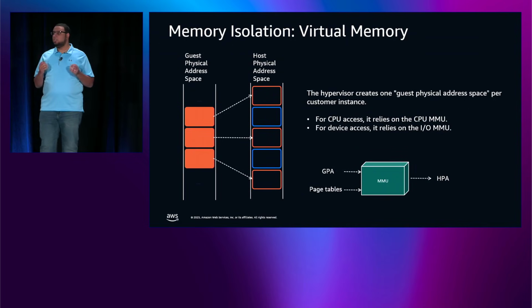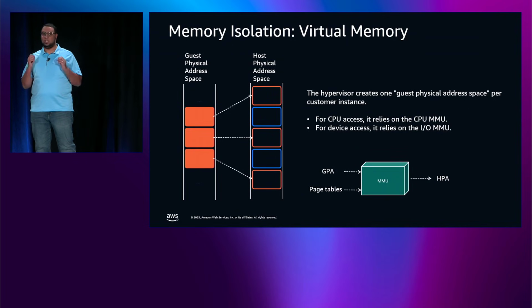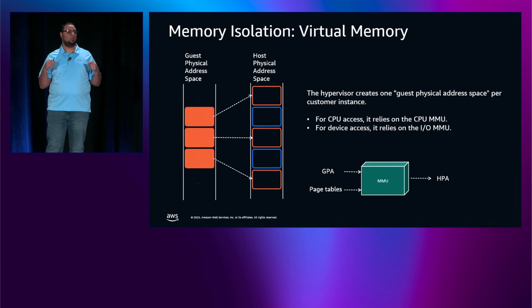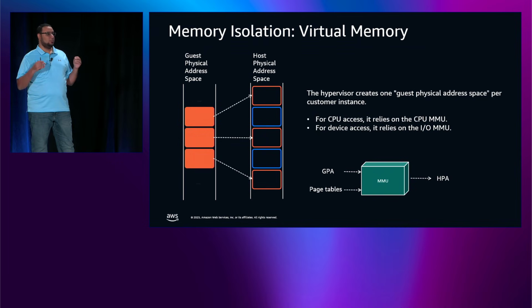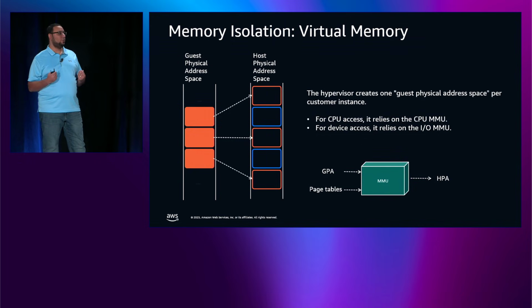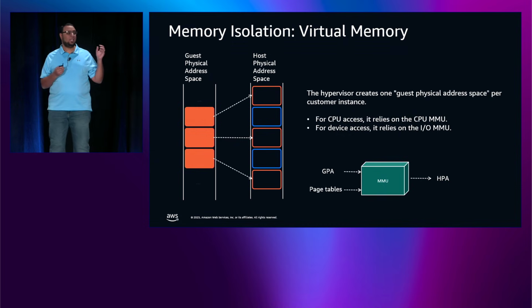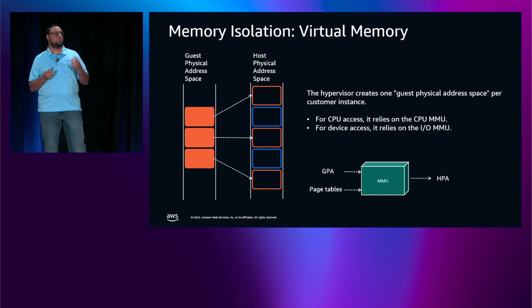One of the critical jobs of a hypervisor is to partition physical memory and assign it safely to customers. Hypervisors do this by using a concept called virtual memory. This is a hardware abstracted concept that comes from a hardware unit called the CPU MMU. This CPU MMU works with a hypervisor to provide it with a mapping from what we call the guest physical address space to the actual host physical address space that underpins the virtual machines.